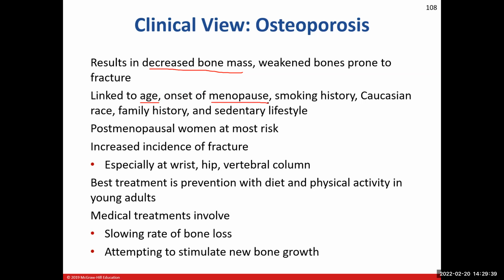If you're a smoker, same thing. You see osteoporosis higher in Caucasians. Family history plays a very big role for genetics. And if you are an inactive person, you're not putting a lot of mechanical stress on your skeleton, and you're taking away one of the factors that can heavily influence bone remodeling.